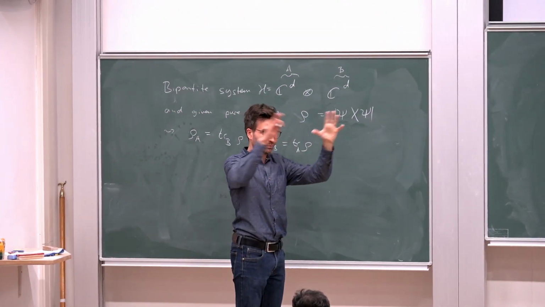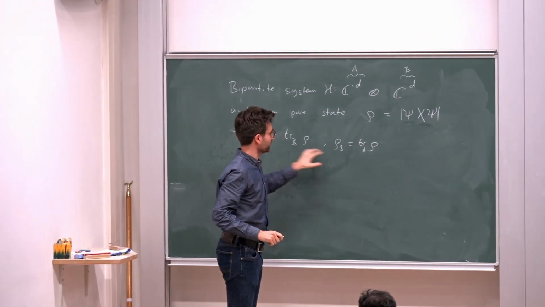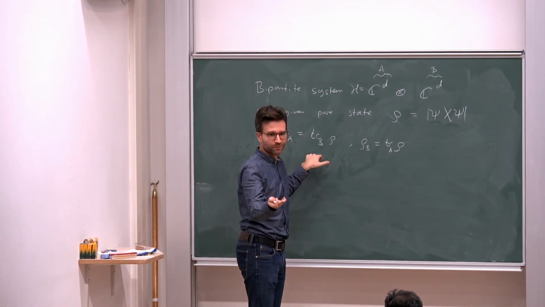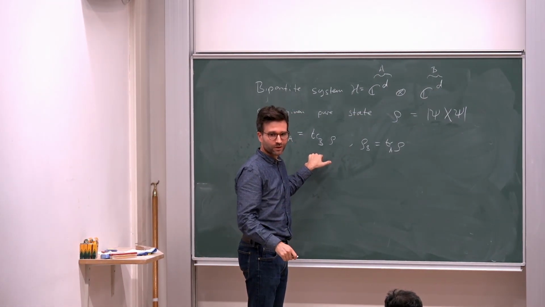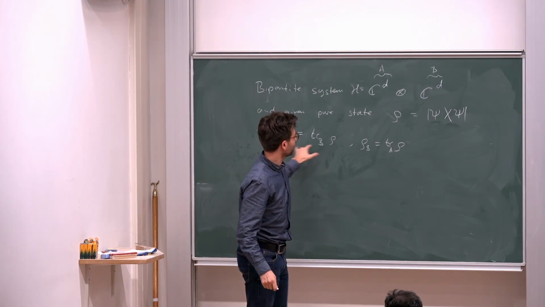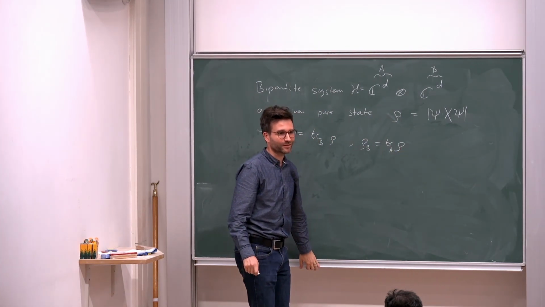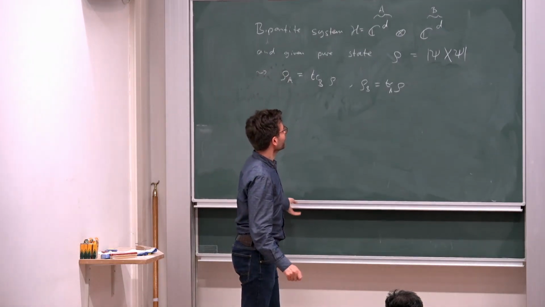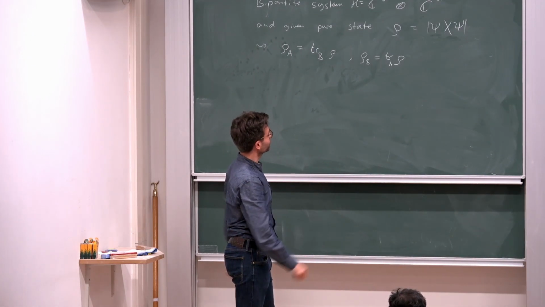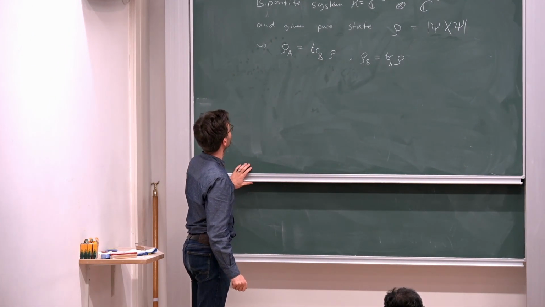We start with something pure on the whole thing, and here we have something mixed. Now if we apply the GNS construction to these mixed states, we go back to something pure, exactly rho here. That is the opposite direction of taking the GNS construction.